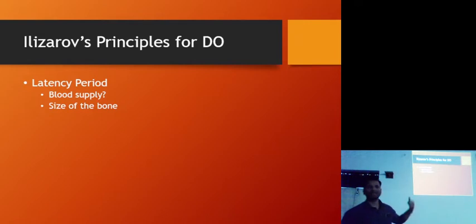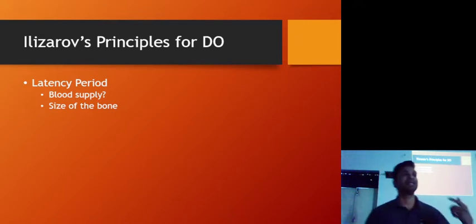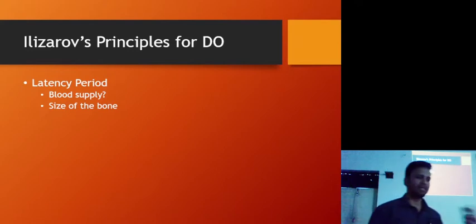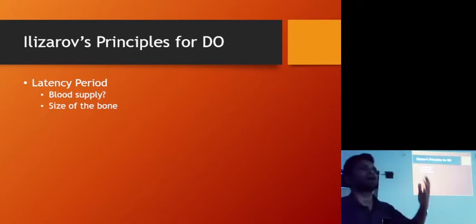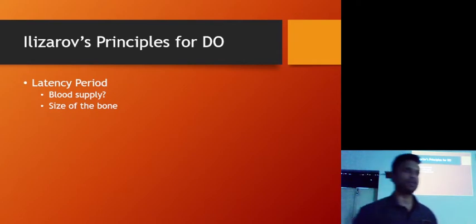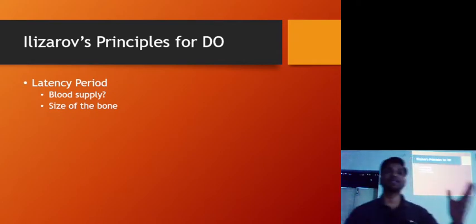In young individuals the healing is faster, so the latency period is 3 to 5 days. Whereas in normal adults who don't have any relevant medical history, where blood supply is fine, the latency period is 5 to 7 days. And as I mentioned earlier, in a patient with hampered blood supply, for example, a CA patient who has had radiation therapy, the latency period is 7 to 10 days.